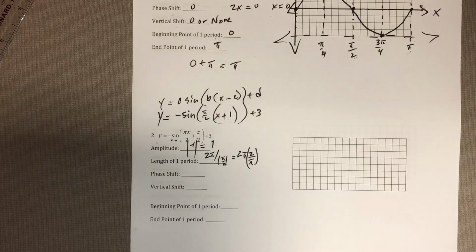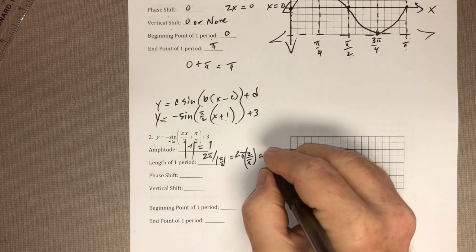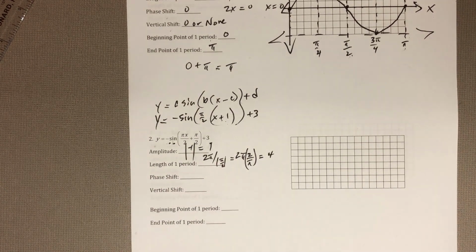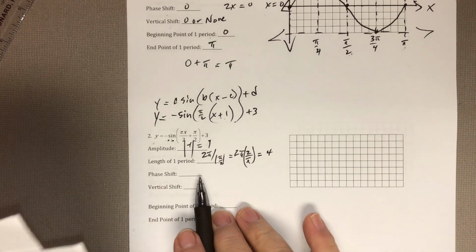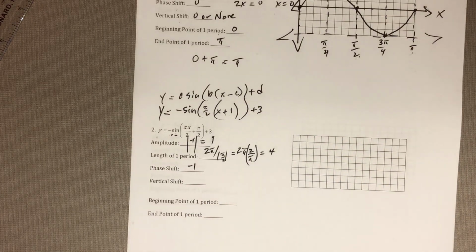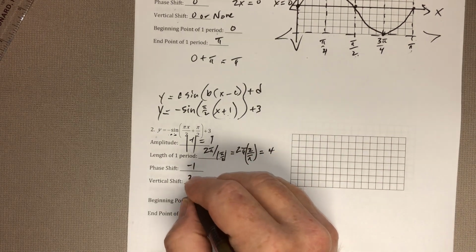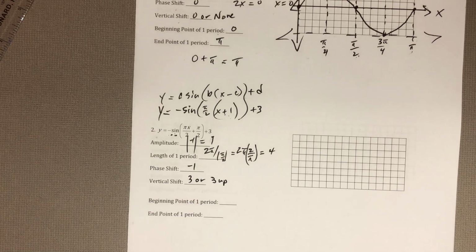Those pi's will cancel, which means that the length of your period is 2 times 2, or 4. Your phase shift is the c value, which is the -1. And your vertical shift is your d value, and it's positive, so that means it's 3, or 3 units up, in essence.